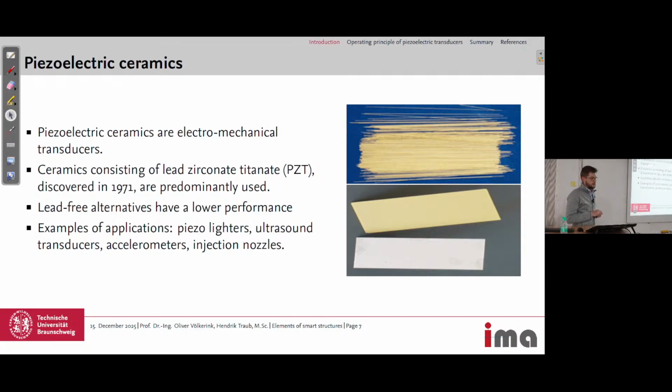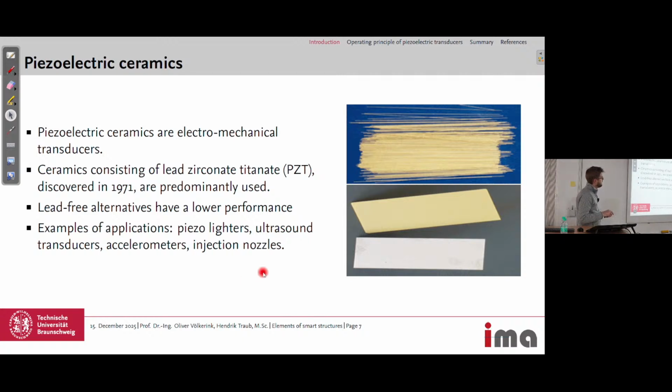Examples of applications you might know are piezo lighters. If you have a lighter where you just click and then the flame lights up, this is a piezoceramic crystal inside where you apply a mechanical stress and then the lighter goes on. Ultrasound transducers, accelerometers, and also injection nozzles in combustion engines and diesel engines are also made from piezoceramics.